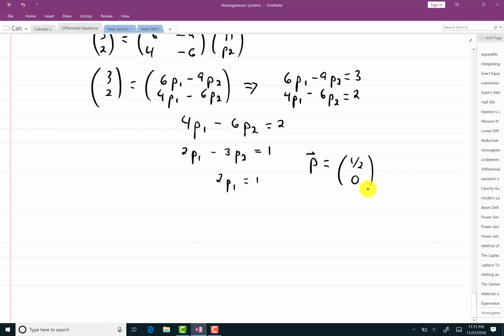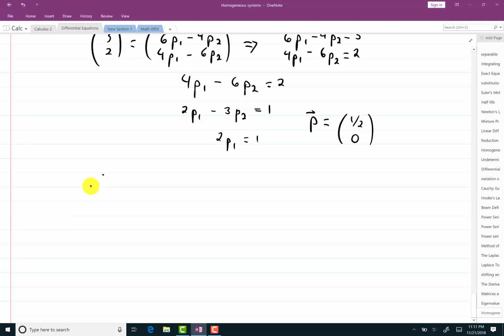And I'm all done. So my second solution, remember that was k arrow times t e to the 6t plus p e to the 6t. Or if you really want to make it look like a repeated kind of thing, you could always do (k t plus p) e to the 6t.